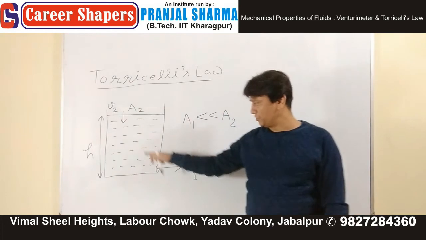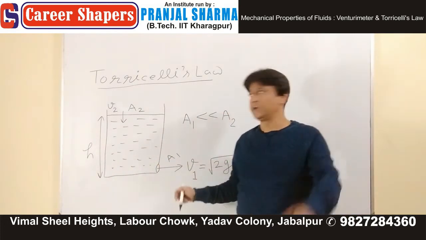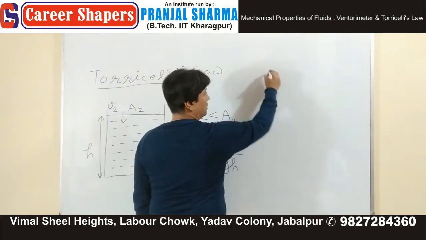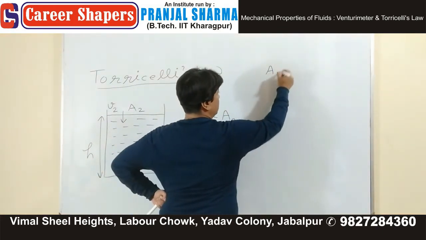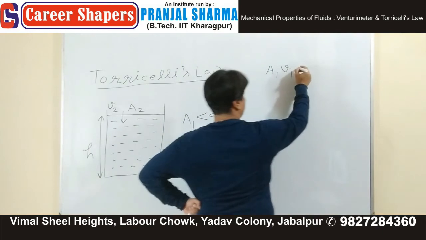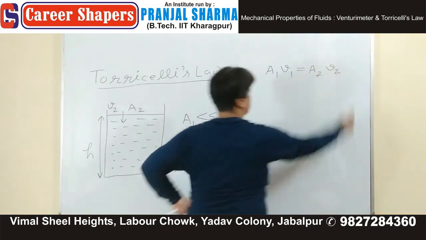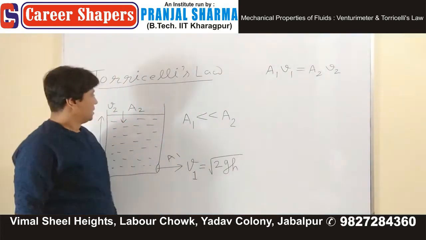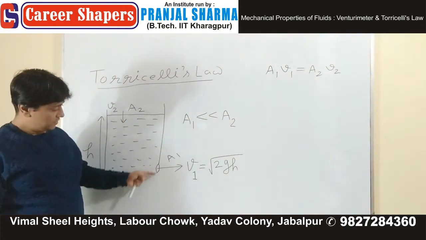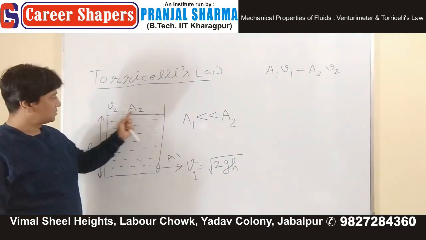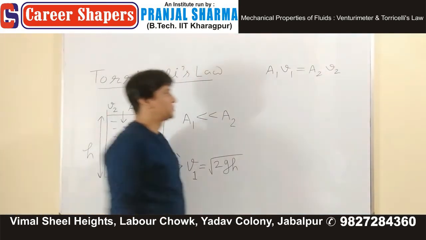It's a continuous liquid, and if it is a continuous liquid, then we immediately say that A1 V1 is A2 V2. The product of this cross section and this speed is equal to the product of this cross section and this speed.